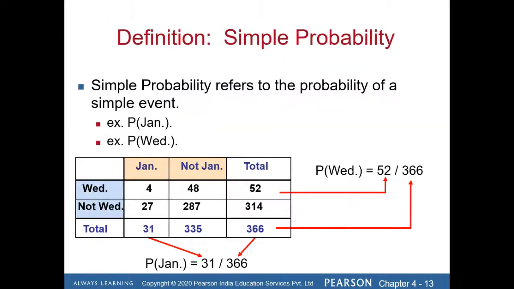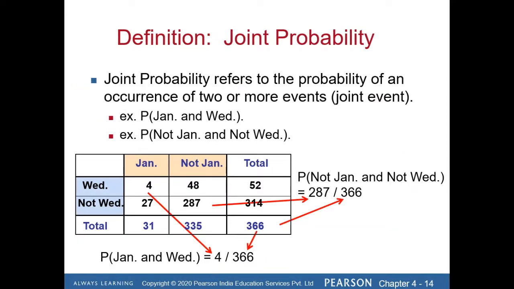This is a simple event: probability of January, probability of Wednesday. The probability of Wednesday is 52 by 366, and the probability of January is 31 by 365. This is a type of simple probability. Then we have to find the joint probability, January and Wednesday, 4 by 365. It is the example of joint probability. This is the example I have given on this PowerPoint. All of you can understand very easily.